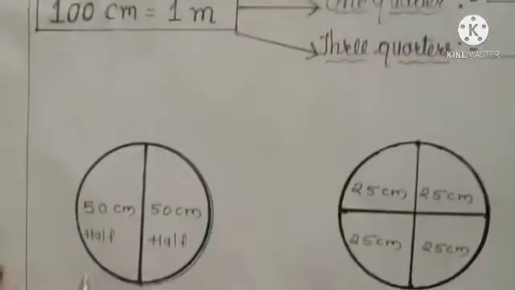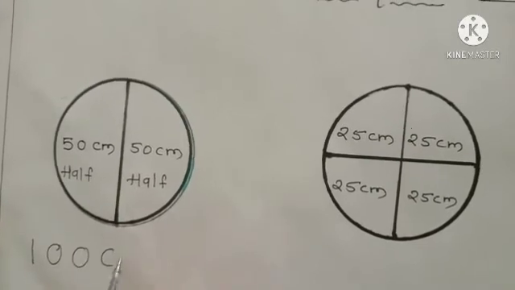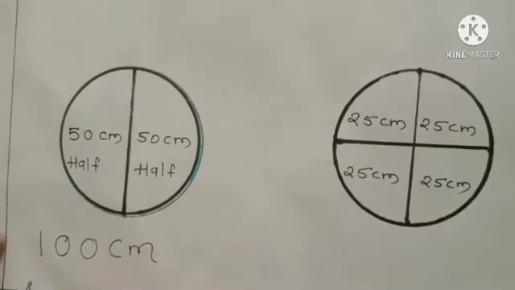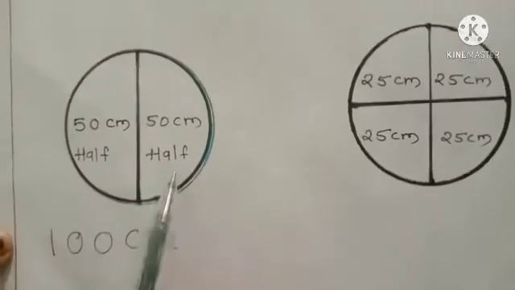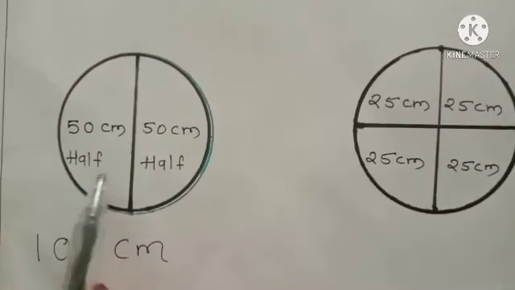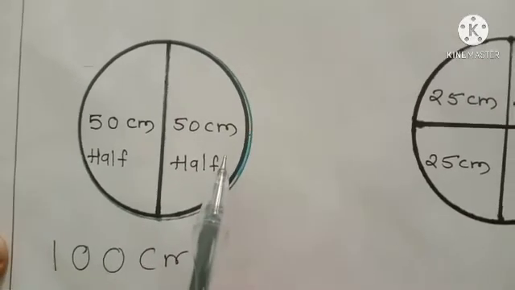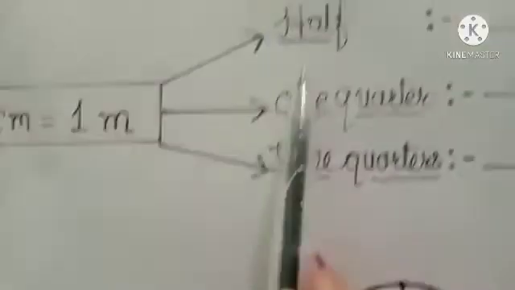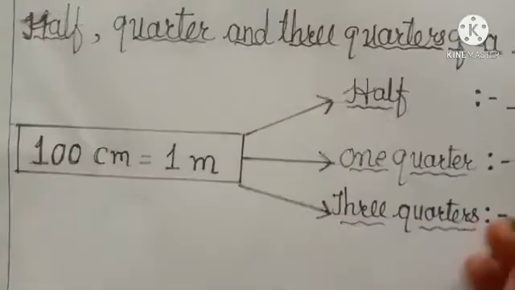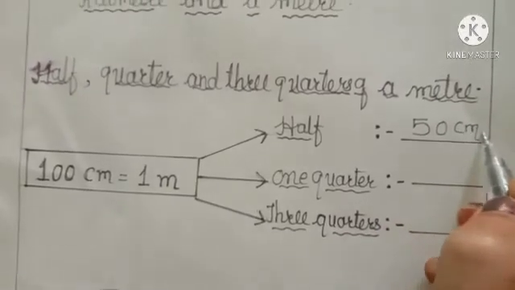Now you see that if I make two equal parts of this 100 centimeter like this, so half and half, it will make 50 centimeter and 50 centimeter, two equal parts. That means the half of 100 centimeter is equal to 50 centimeters.